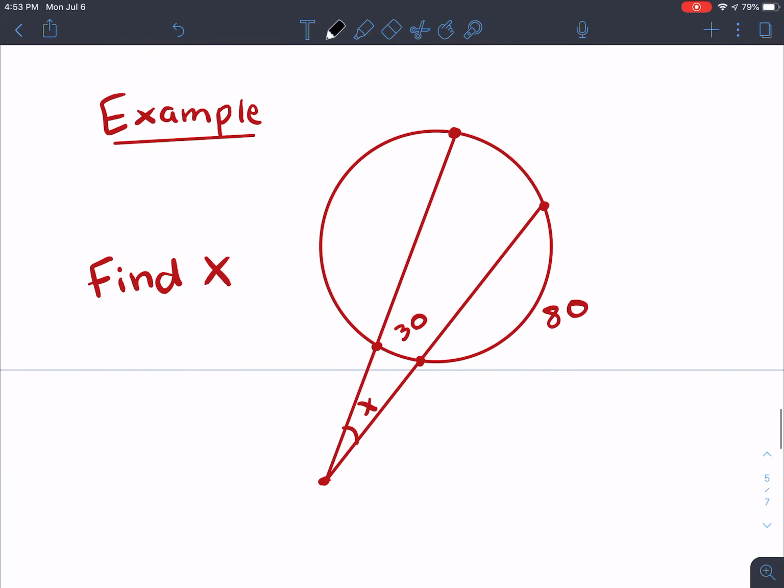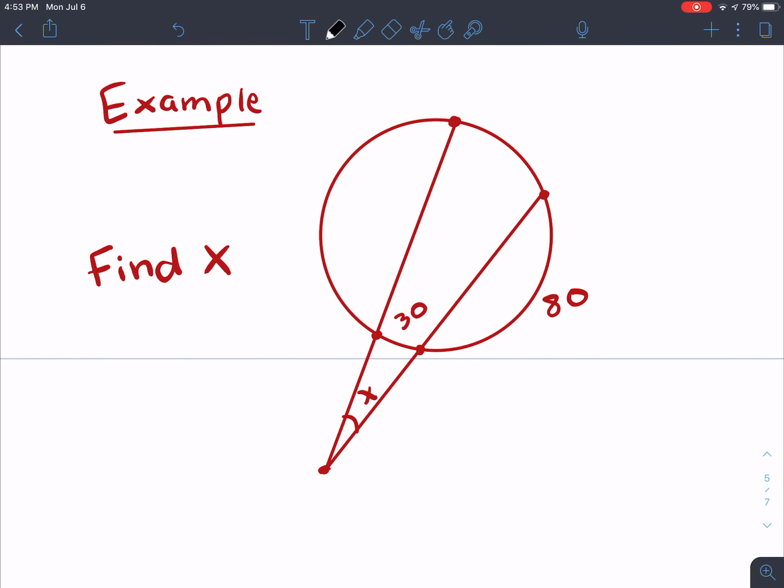So now we'll do an example. In this example, we're told to find x. This segment right here is the diameter of the circle. So if this is 80 degrees, this has to be 100 degrees.